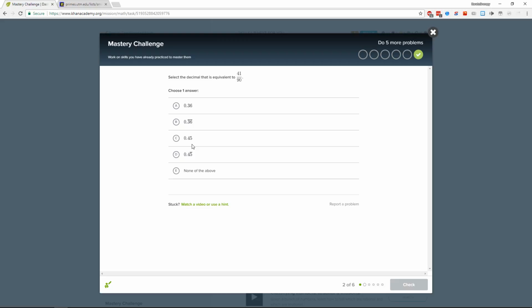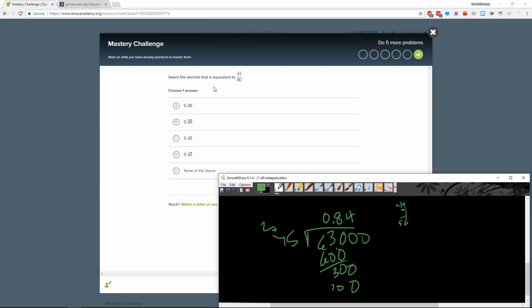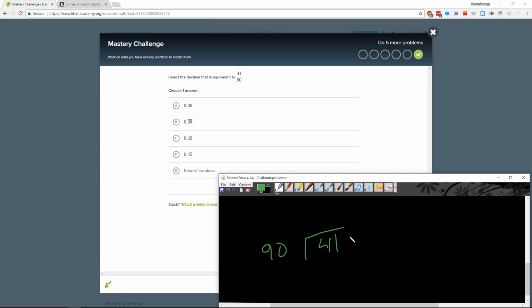Decimal equivalent. Well, it's going to be close to 0.41, but it's going to be less than that. So it's probably going to be 0.36. So we have 4.1 divided by 90. Should be a 3 here.